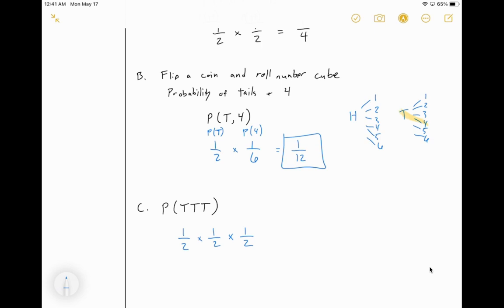So now I just multiply across. 1 times 1 times 1 is 1. 2 times 2 times 2 is 8. So I have a 1 out of 8 chance, or I believe a 12.5% chance, of getting tails, tails, tails.